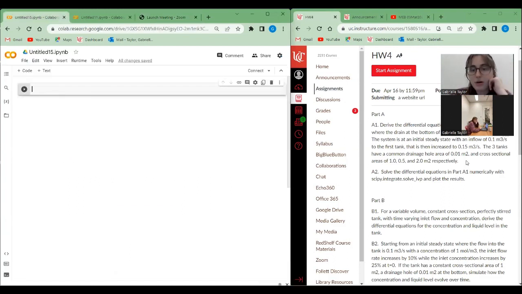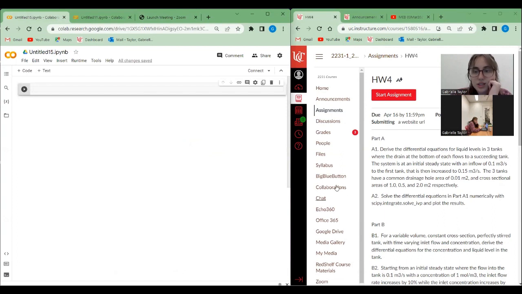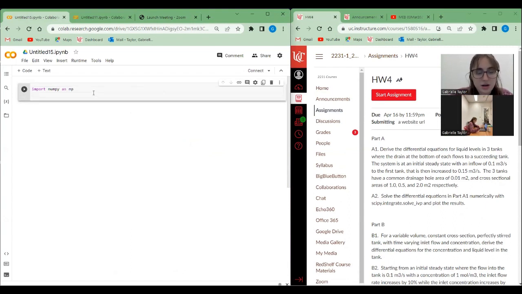Okay, so I'm doing part A, part 2. So what we just derived for our 3-tank system, I'm going to solve with solve_ivp. The first thing that we want to import is numpy as np, and then from scipy.integrate, because we're going to be integrating our differential equations, we're going to import solve_ivp.